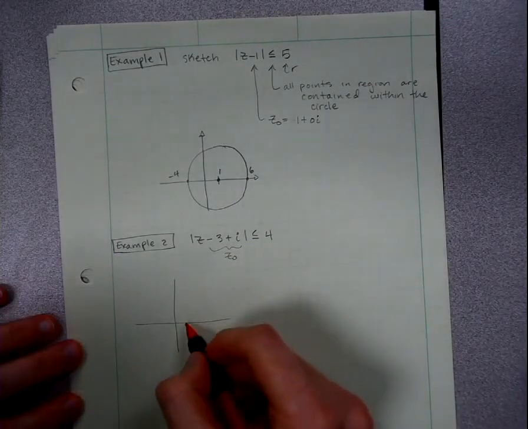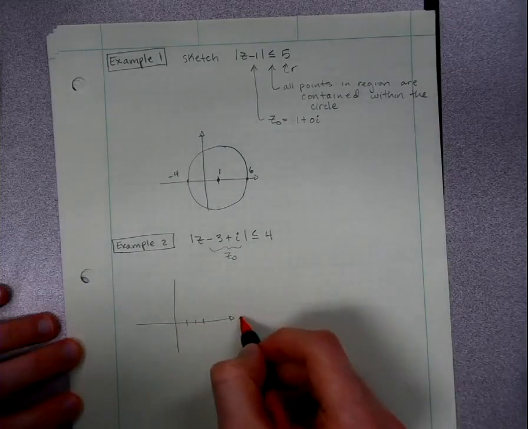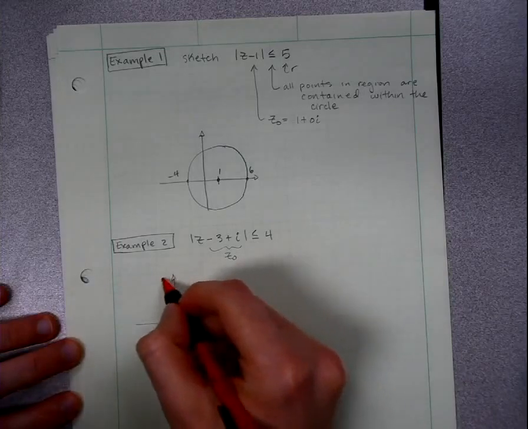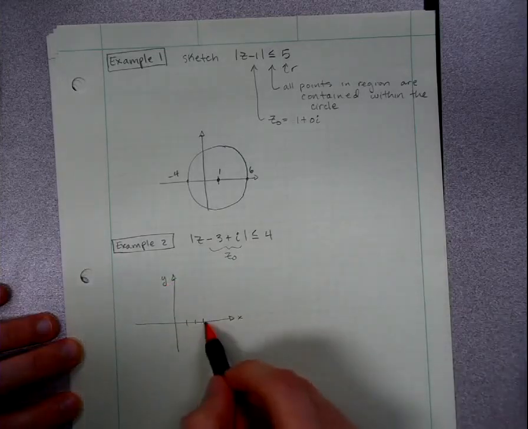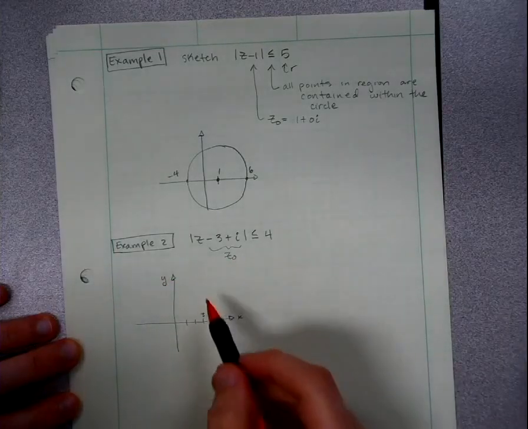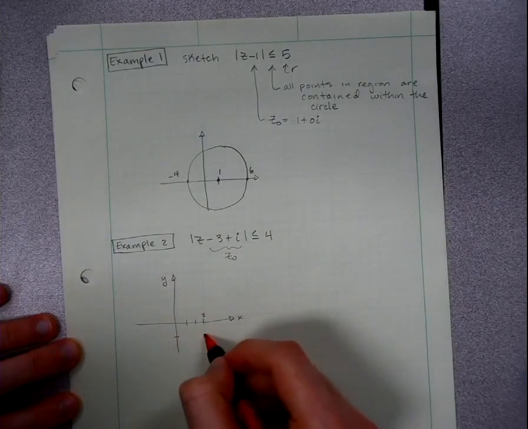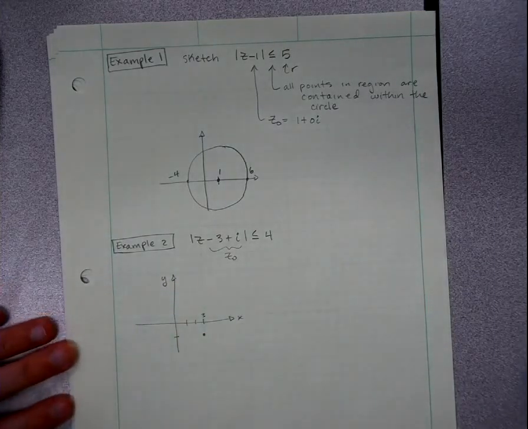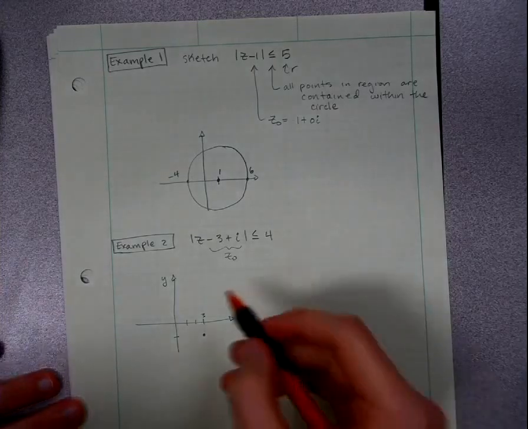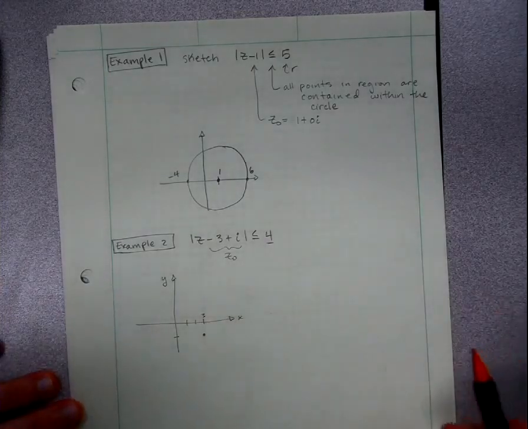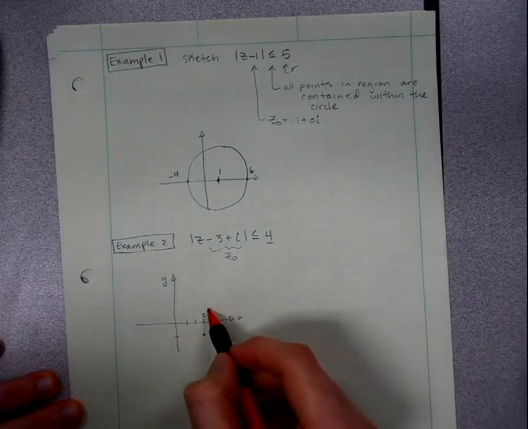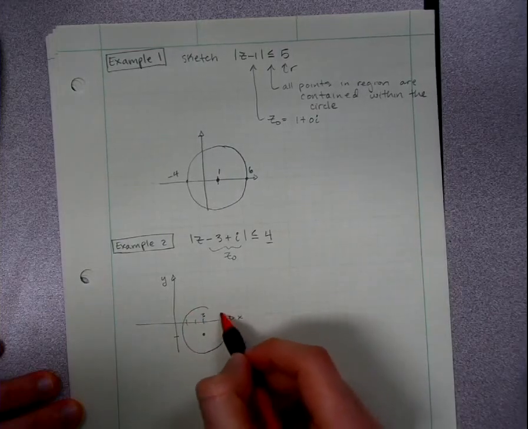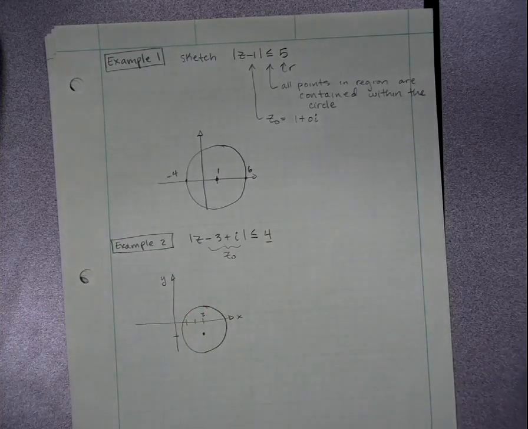So positive 3 on the real axis, they call it x and y. So positive 3, and then negative 1 on the imaginary axis. So that brings us here with a radius of 4, because this is our radius.